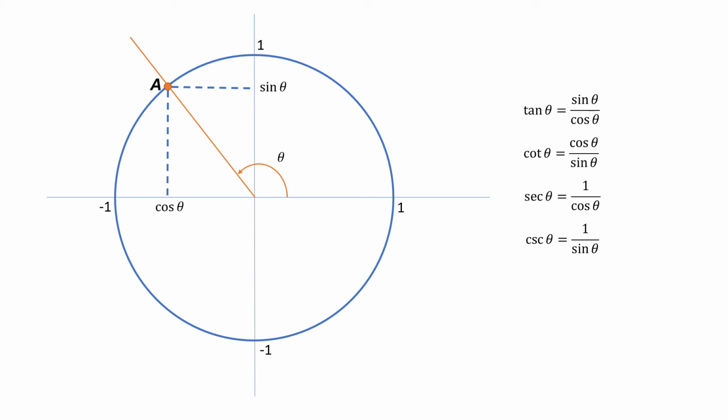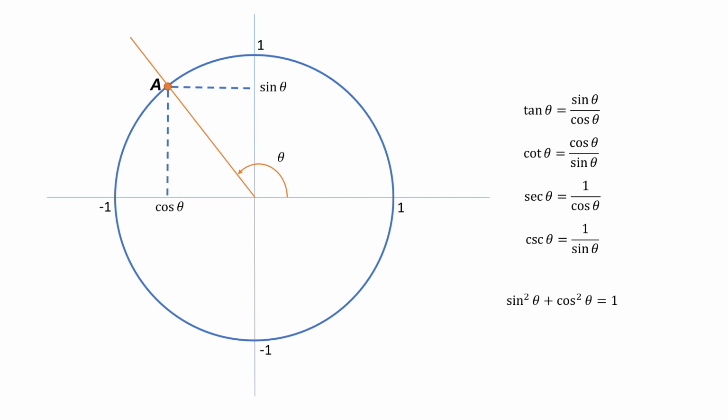Cotangent is the inverse, flipped function, so we define it as cosine over sine. Secant will be 1 over cosine, and cosecant will be 1 over sine. So there are no problems defining these functions. And another good news is that the previous relationship between sine and cosine we had still works here.